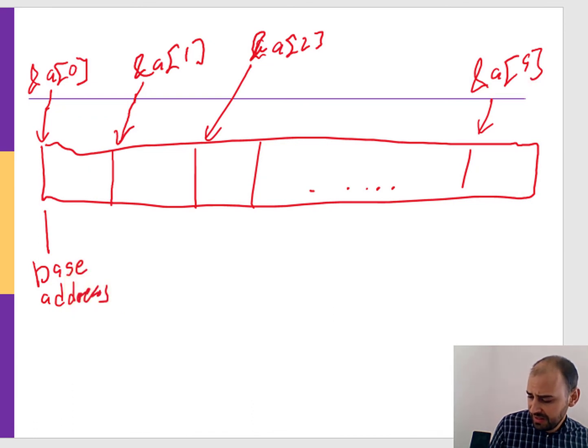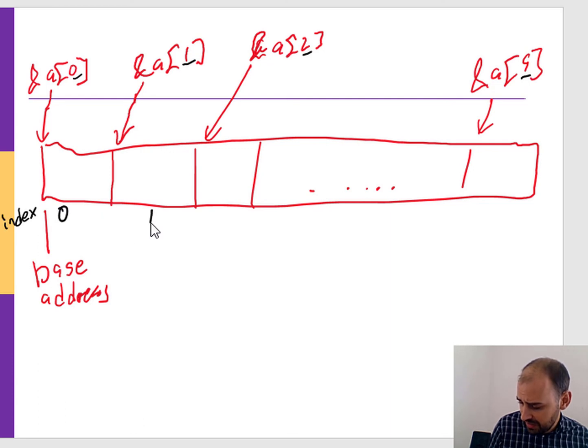The index. Here's what we usually refer to as the index. So the index could be 0, 1, 2, all the way to 9.